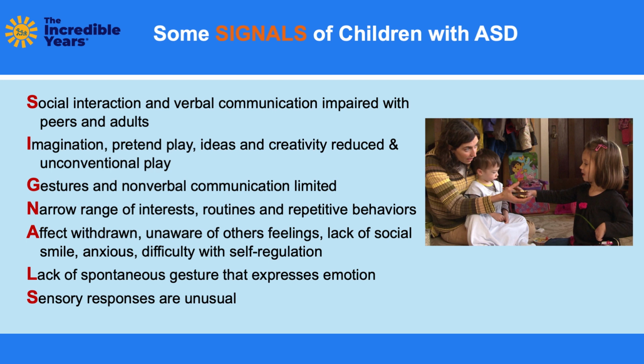They may seem to be unaware of others' feelings. They may lack, for example, a smile or eye contact. They may seem very anxious and have difficulty with self-regulation. L is for lack of spontaneous gesture that expresses emotion. And the final one, S, as the final one in signals, is that their sensory responses are unusual.